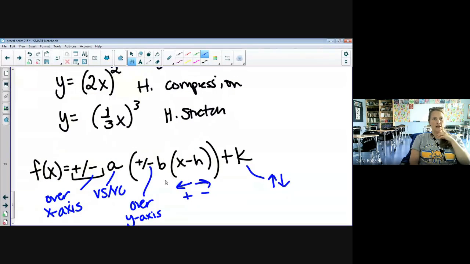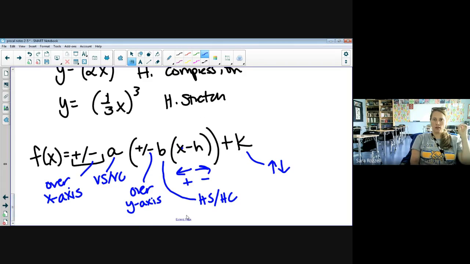If it's multiplied on the inside, that's our horizontal stretch or our horizontal compression. So all the things outside of the parentheses have to do with going up or down, stretching up or down, flipping up and down. Everything on the inside, left and right, stretching left and right, flipping left and right. So all the left and rights are on the inside, all the up and downs are on the outside.